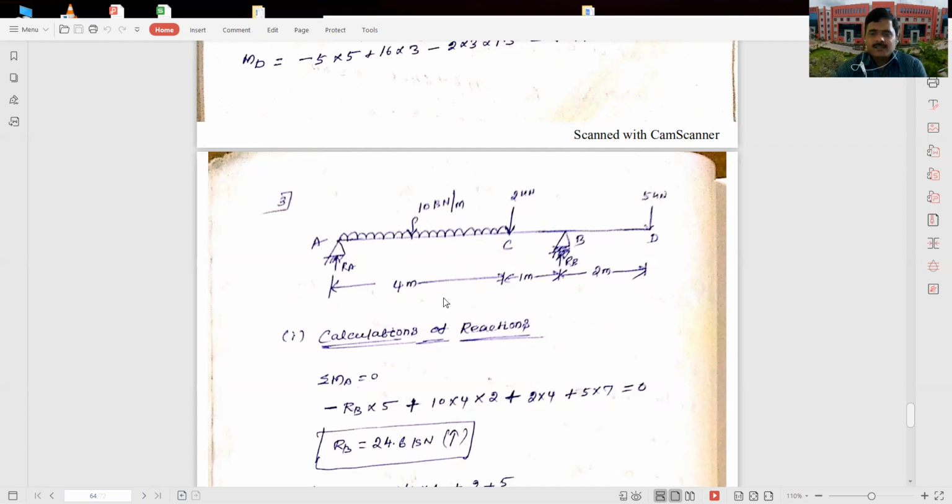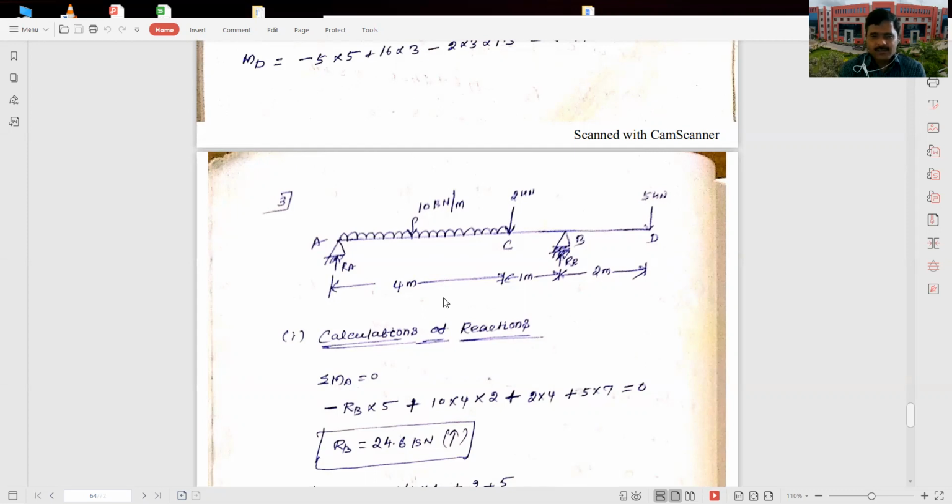Right? So you know very well, in a simply supported beam or an overhanging beam, the first and foremost step is to calculate the reactions. Shear force is nothing but the algebraic sum of all the forces, including the reactions, on either the left side or right side of the section we consider.